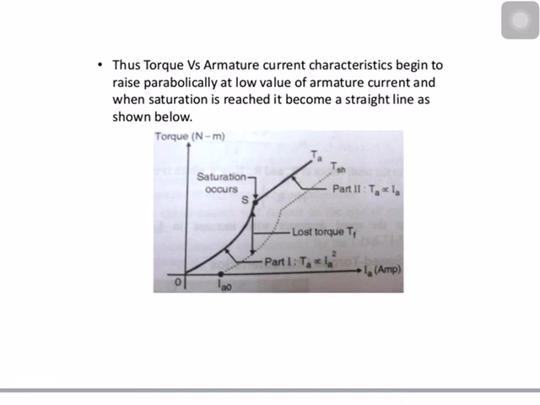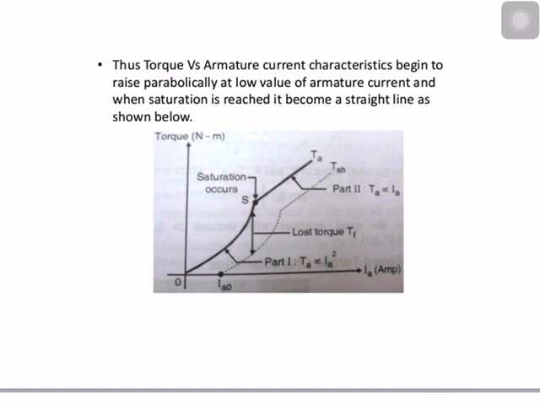When Ia is large, phi remains constant due to saturation, and the torque is directly proportional to armature current for large value of Ia, so that T is directly proportional to Ia.